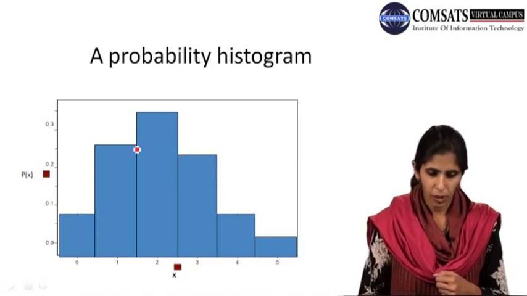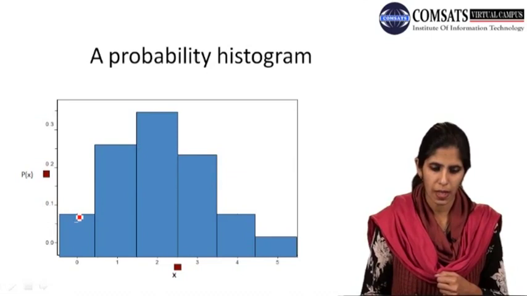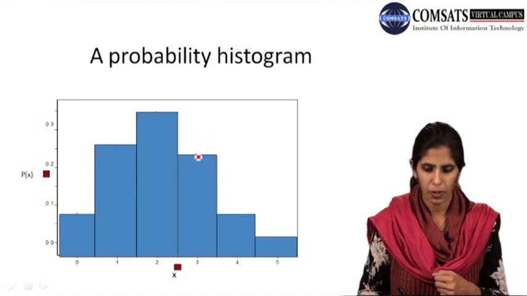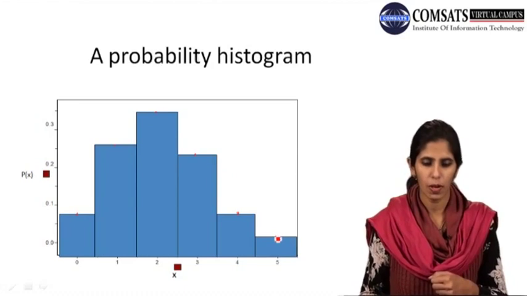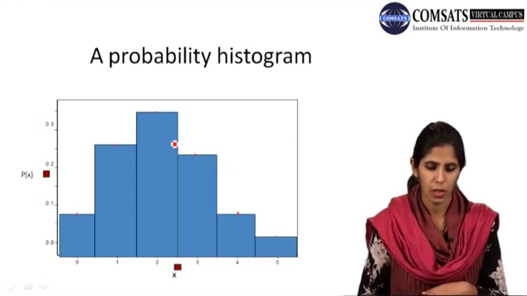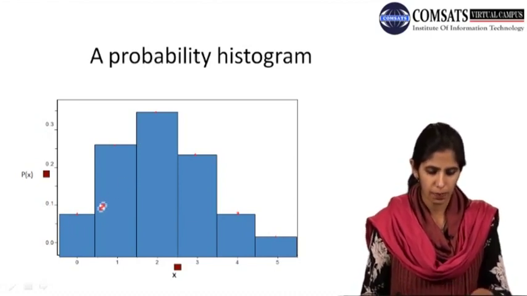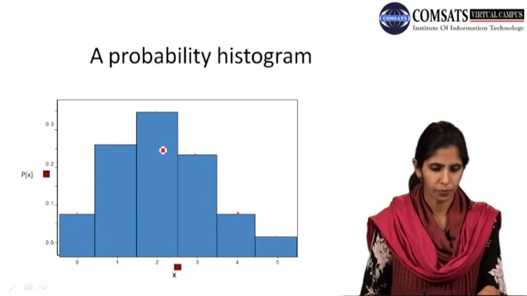Here, if we have a discrete plot, then we find the top height of all these histograms, as I am showing you with red dots, measure the height of each histogram in a discrete distribution, and combine these dots together.